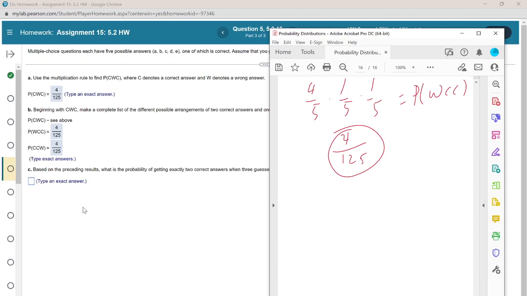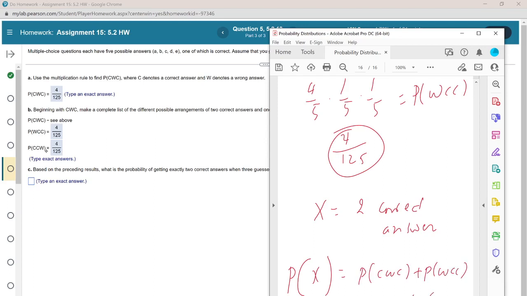So to have exactly 2 correct answers, X is the number of successes, 2 correct answers. What is the probability of exactly X many successes? That can be found by using the binomial distribution, but looking at this here, we're just finding the probability of correct, wrong, correct plus the probability of wrong, correct, correct plus the probability of correct, correct, wrong.